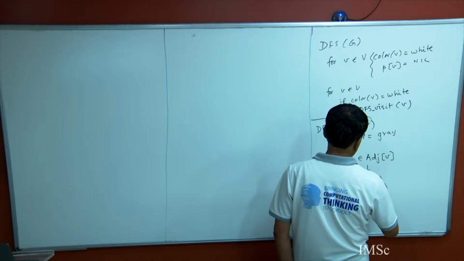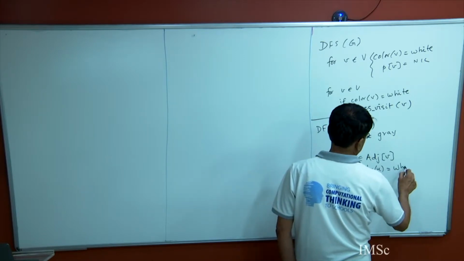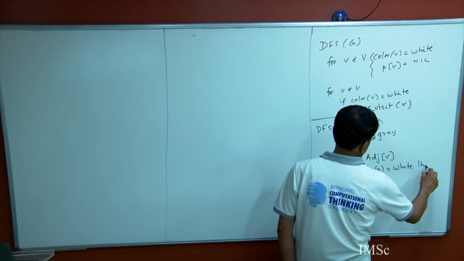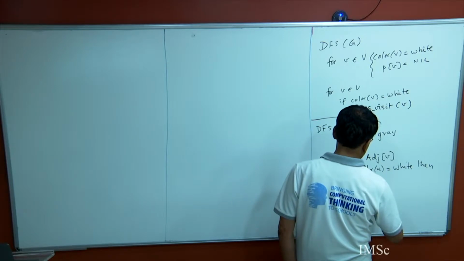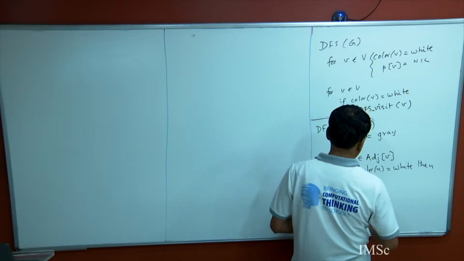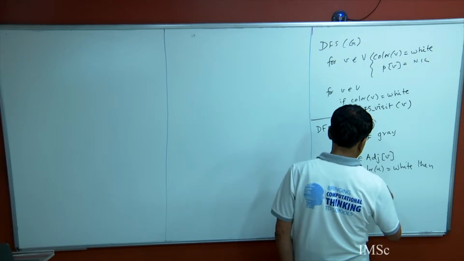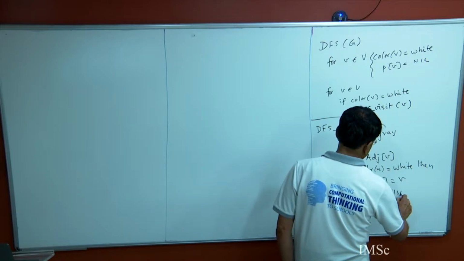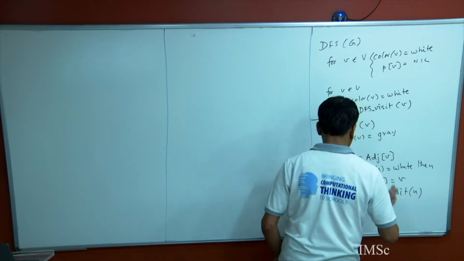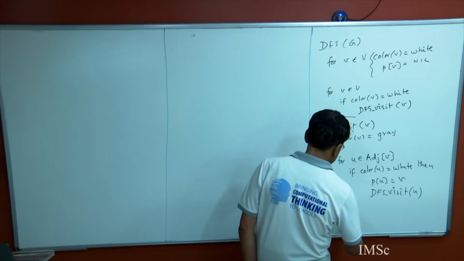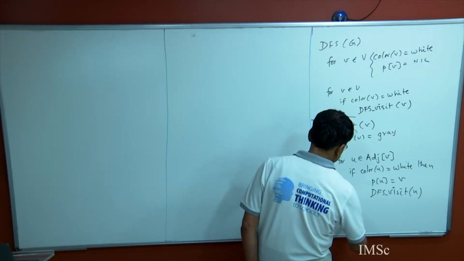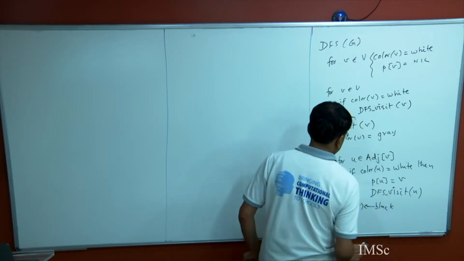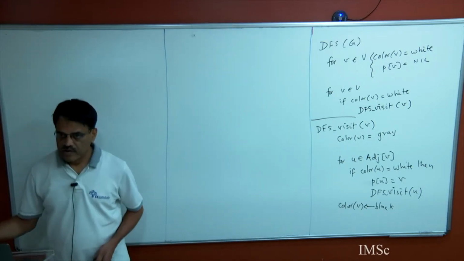If color of u is white, then make its parent v. And after doing all this, I'm going to say color of v is black. Okay, so it's exploring in a depth first manner.